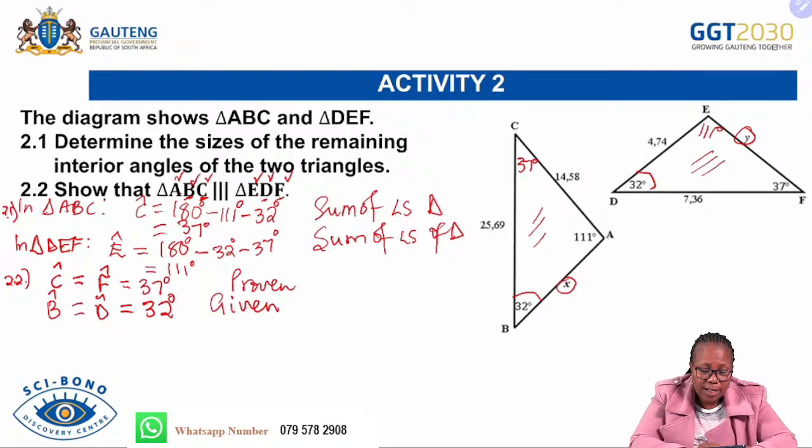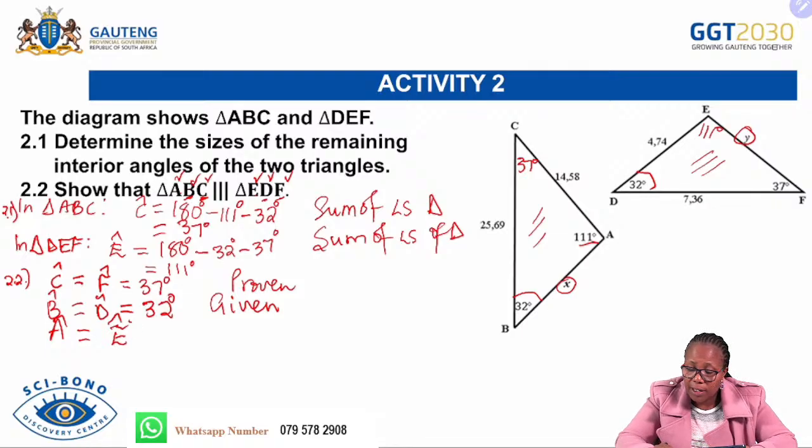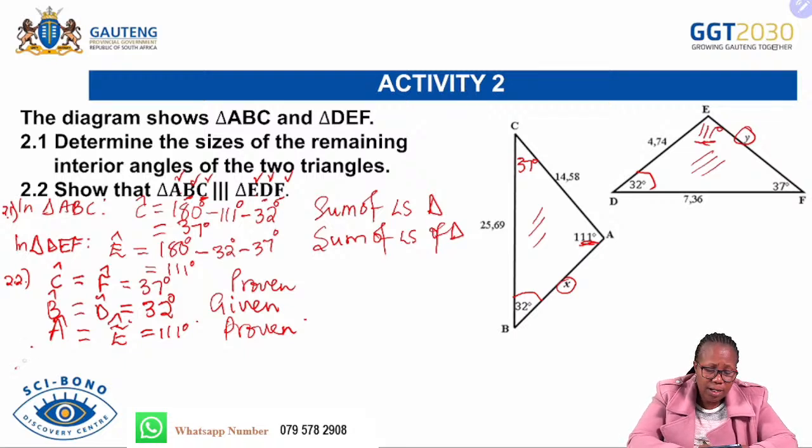And then lastly, we have angle A, which is equal to angle E. Look at A now. A equals E, which is equal to 111. We have just calculated that. Then the three angles are equal. Therefore, triangle ABC is similar to triangle EDF.